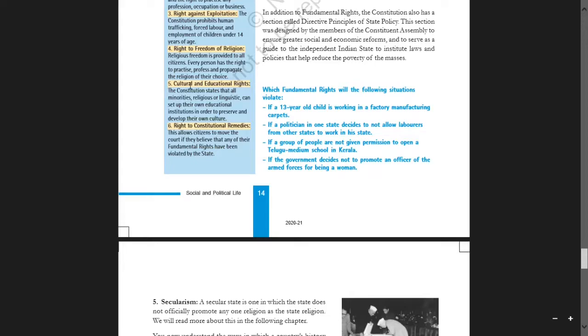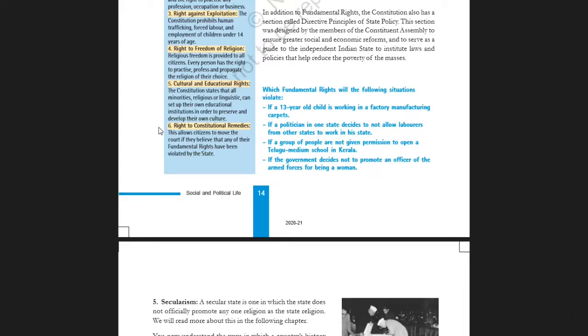Next one, cultural and educational rights. The Constitution states that all minorities, religious or linguistic, can set up their own educational institutions in order to preserve and develop their own culture. See, in our state Manipur, the majority of people are Manipuri or Meitei.